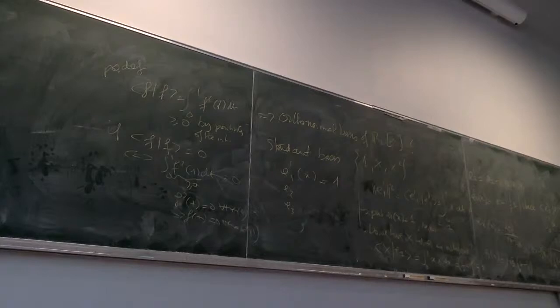So why do we write this instead of the other? Because the norm squared of f is the inner product of f with itself, which is defined by this.